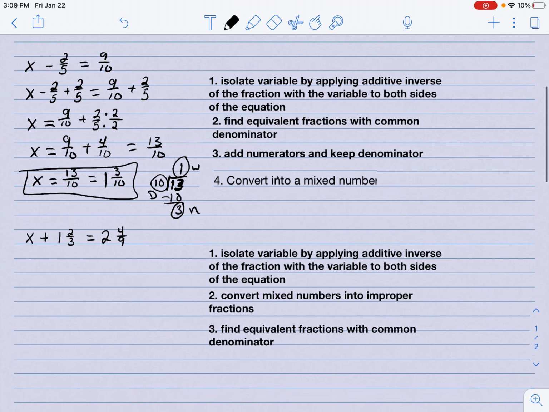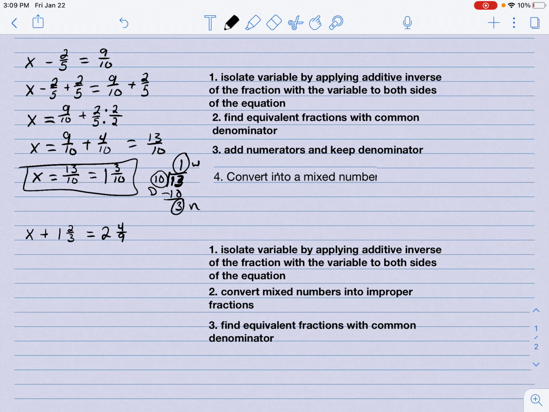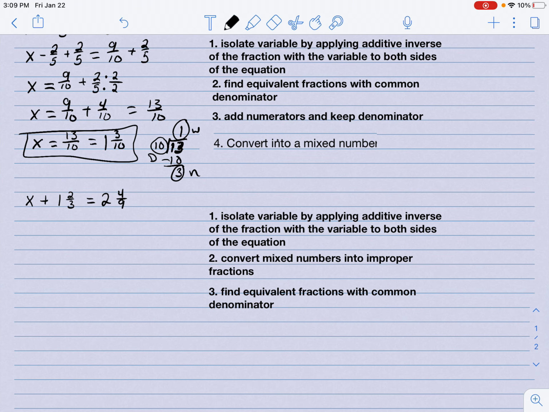All right, this last example, we're going to do the same thing, except now we have mixed numbers. It's going to be the same for mixed numbers as it is for fractions, except we're going to have to convert them to improper fractions before we add. Okay, so we've got x plus 1 2/3.